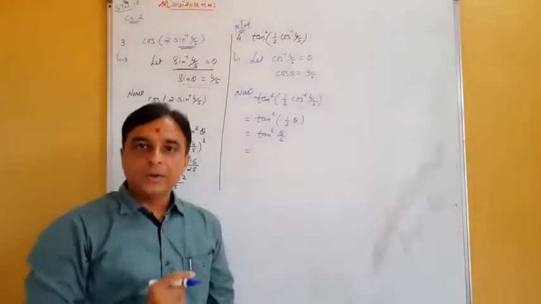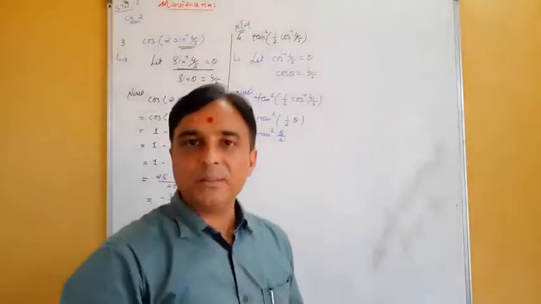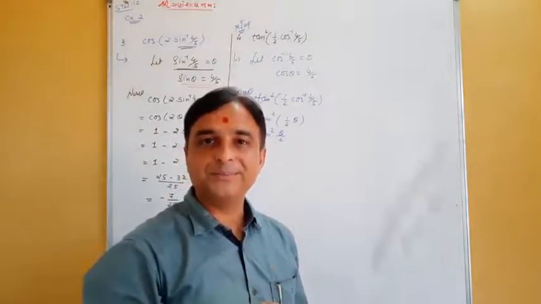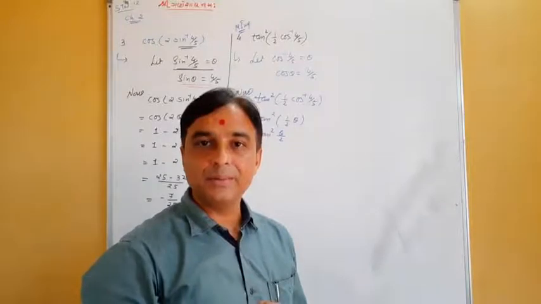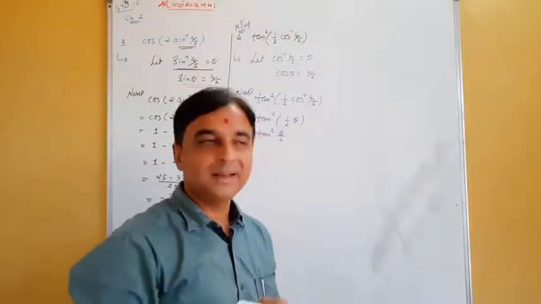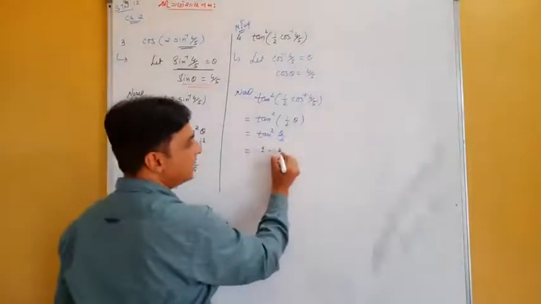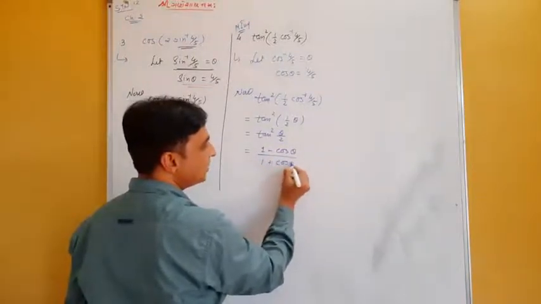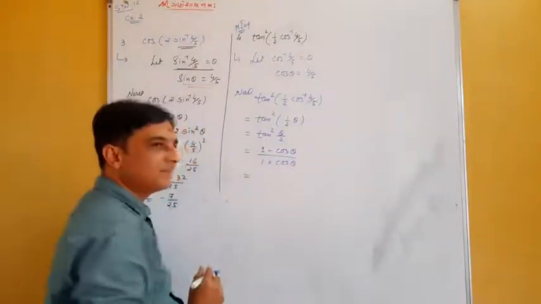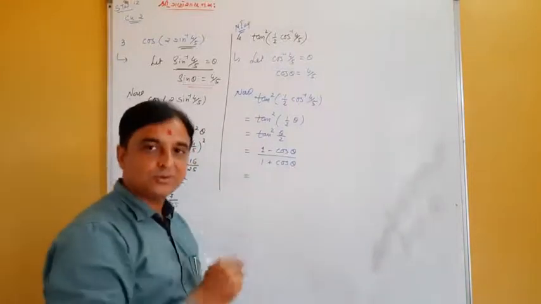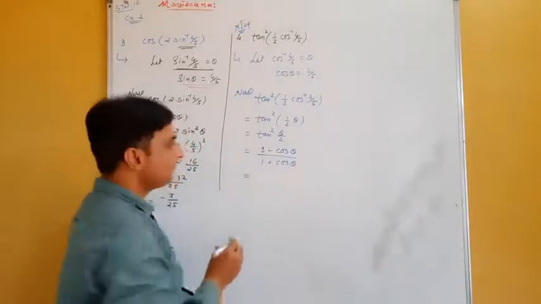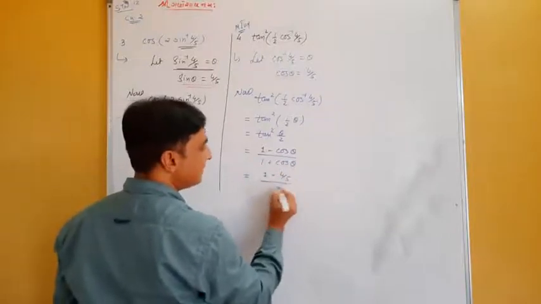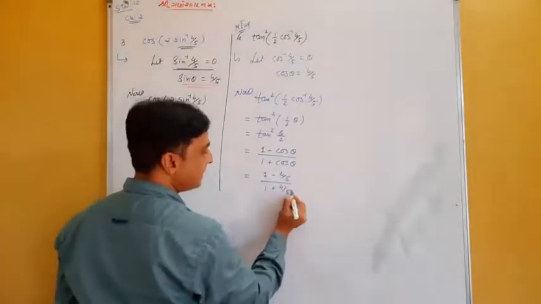Now what is the formula for tan square theta by 2 in terms of cos? Do you remember? It's 1 minus cos theta upon 1 plus cos theta. Once go through the formulas of 11s. 1 minus cos theta, 4 by 5, 1 plus 4 by 5.